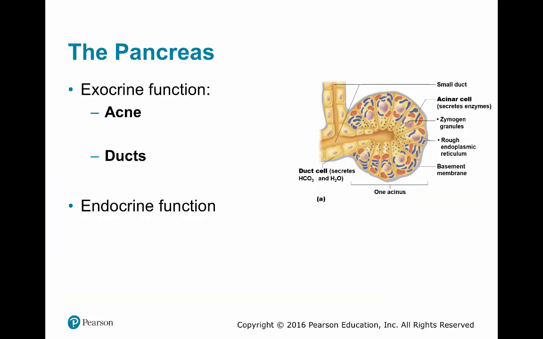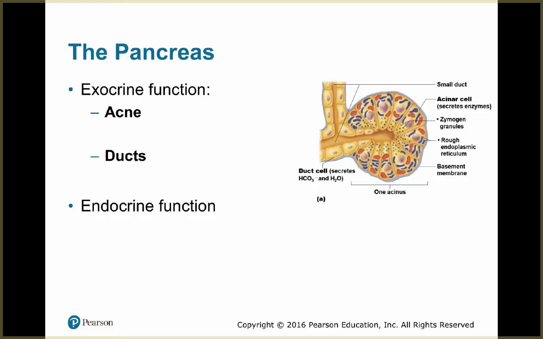So let's talk about the pancreas. It has exocrine and endocrine function. So if you're looking at the cell here, you'll see a small duct, and you can see basically you have the acinus, which is a cluster of secretory cells.